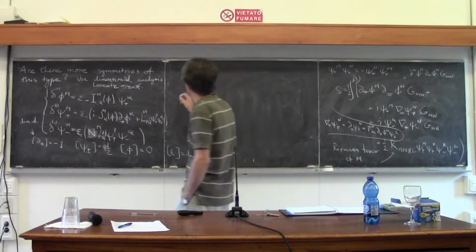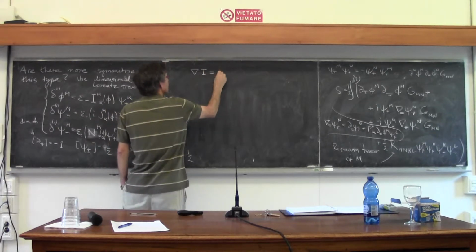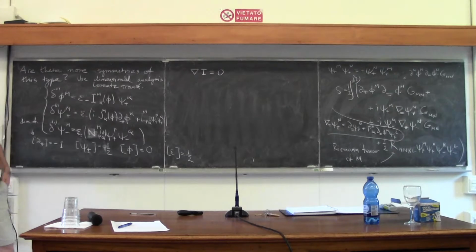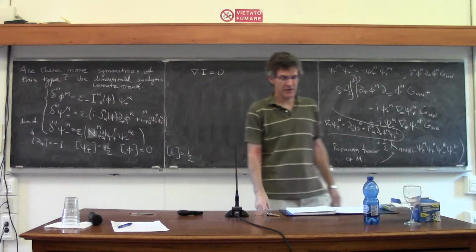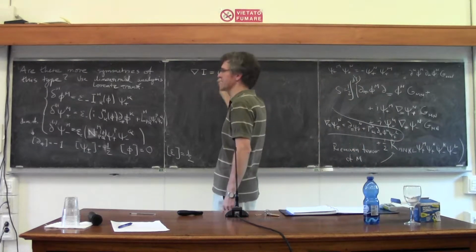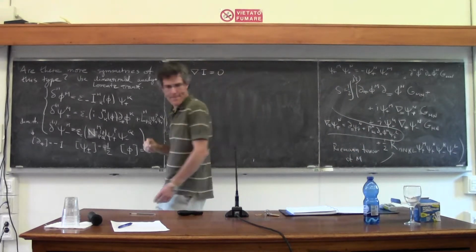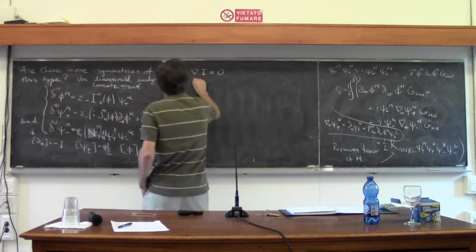What pops out immediately is that this tensor I has to be covariantly constant on N. This is a relation on N.